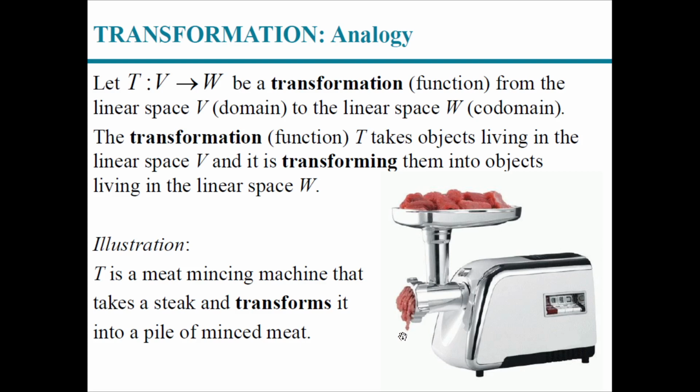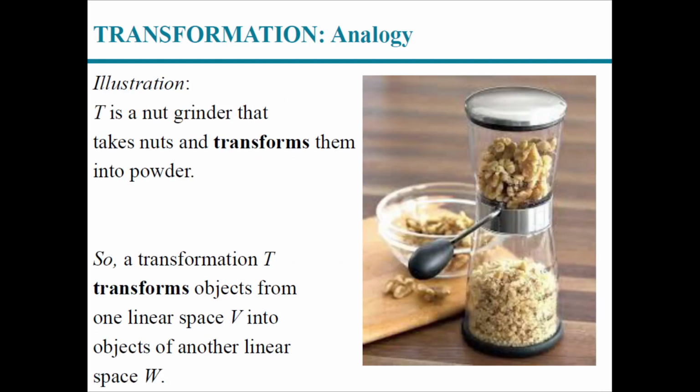So that's pretty much what the function is and what the transformation is. It just transforms objects from one linear space into objects from another linear space. Another example, if you have a nut grinder, let's say you have some nuts and then this process here, the transformation, transforms the nuts into a powder. So that's a transformation, that's a function.